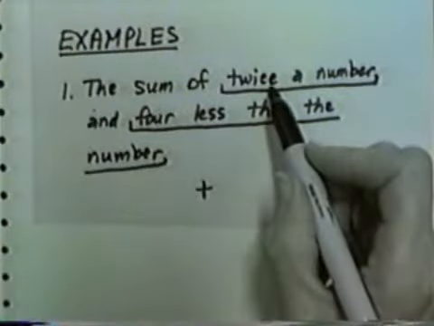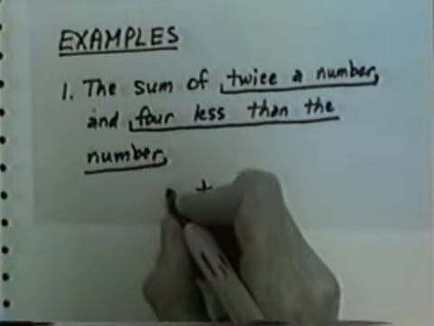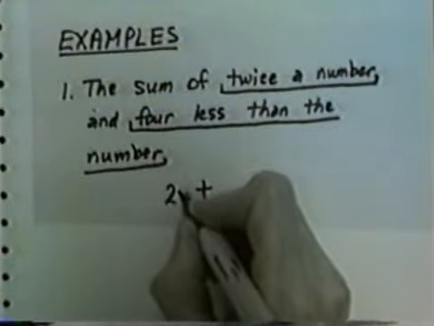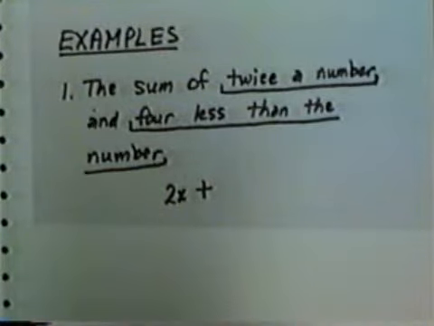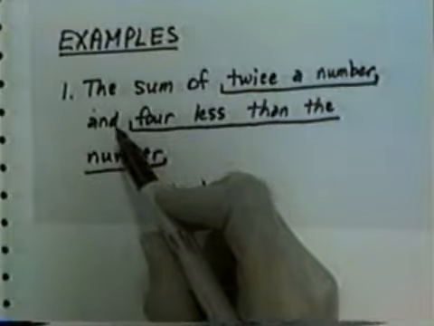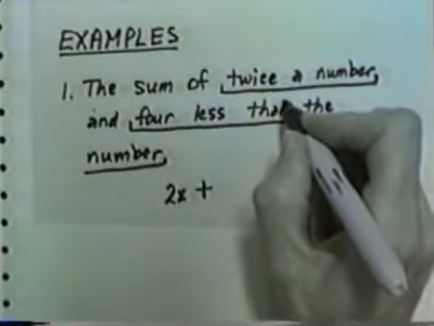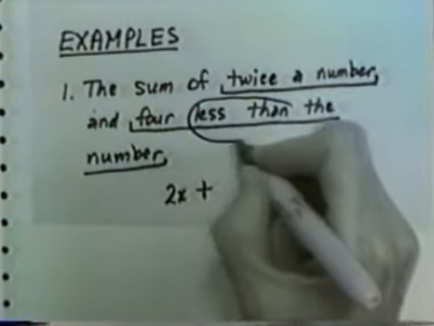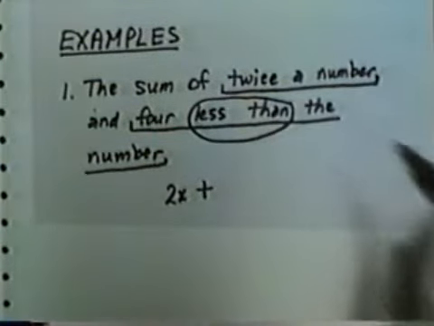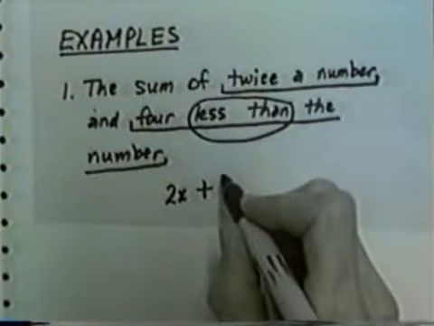Twice a number means 2 times the number, and so the first thing in our addition is 2x. The thing we're to add to that is 4 less than the number. Here's our red flag expression, less than. Less than tells us to subtract, but we're to subtract in reverse order.